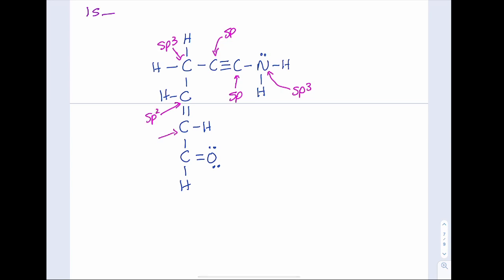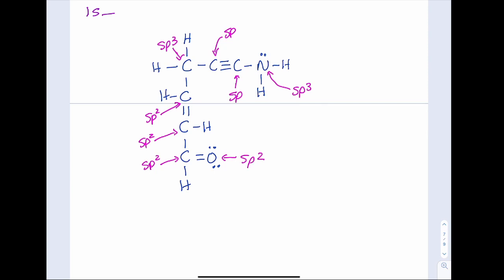This carbon also has 3 groups, so sp2. This carbon also has 3 groups, so sp2. And then this oxygen also has 3 groups, right? Double bond is 1, and then the 2 lone pairs are 2 more, giving me 3 total. So that is going to be sp2 also.